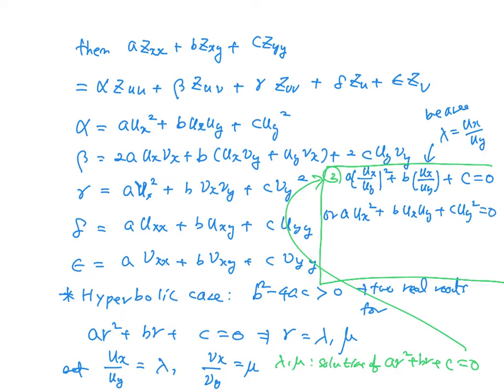So this is 0. That means alpha is 0, right? And likewise, a v_x squared plus b v_x v_y plus c v_y squared equals 0. So that means gamma is equal to 0 too.